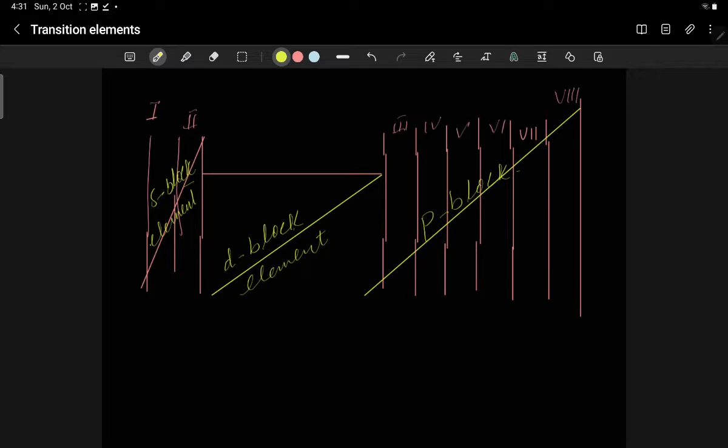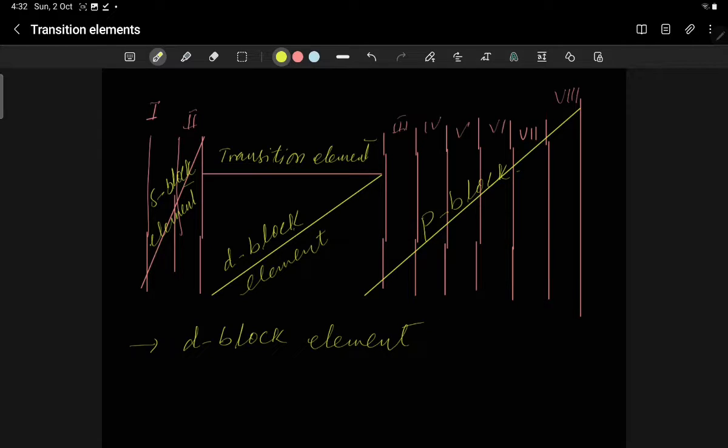So this is the distribution of the elements according to the electronic configuration, and these are the transition elements. So that's why transition elements are called d block elements.